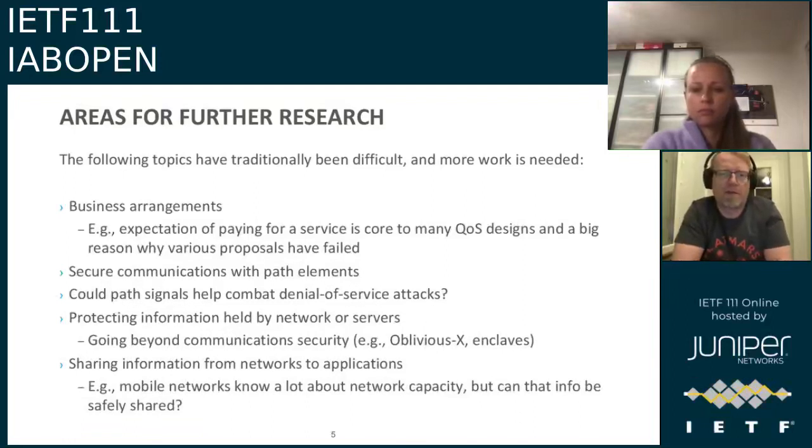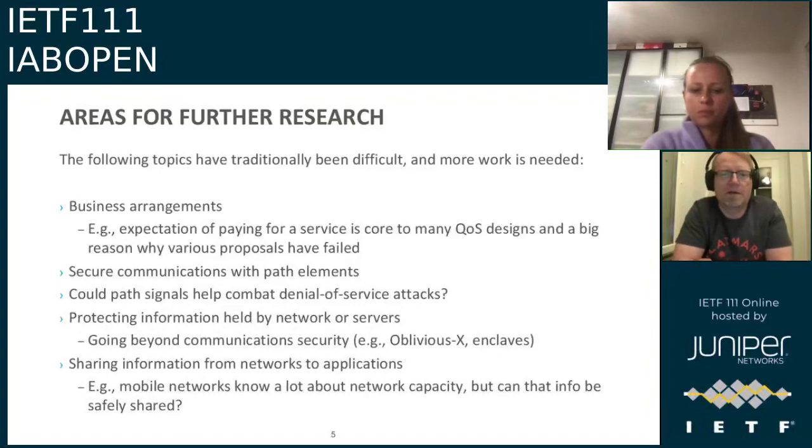Secure communications with path elements. We talked about this a little bit on the previous slide, but that is, of course, in the general case, fairly hard. You might have multiple parties and so on. So there are some challenges in this. You could have potentially various kinds of new ideas about how to do new things with path signals.